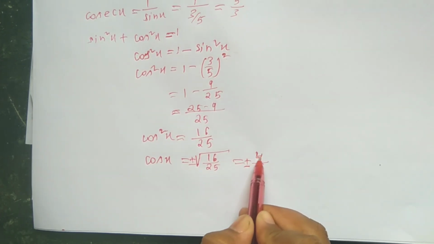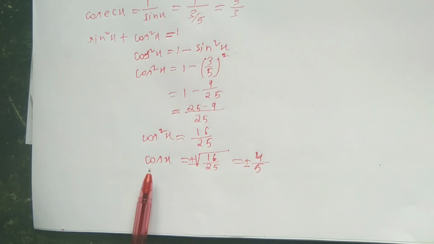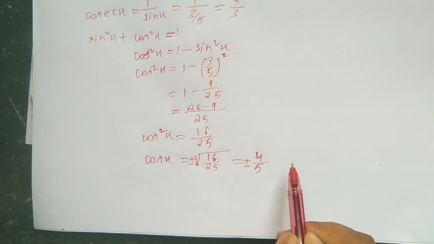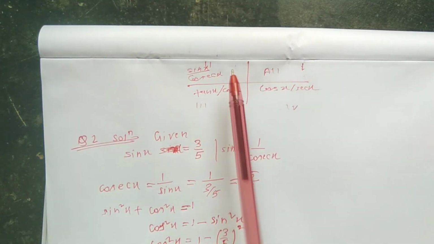Now the thing is that there are two signs, isn't it? One is positive and one is negative. Now is cos x positive or negative, how to check? According to the question, x lies in the second quadrant.